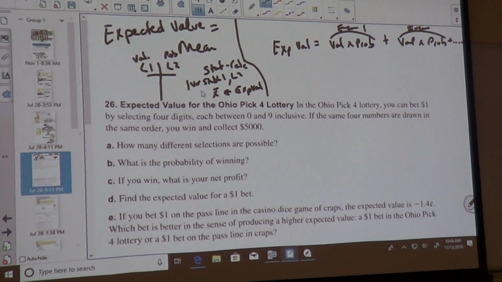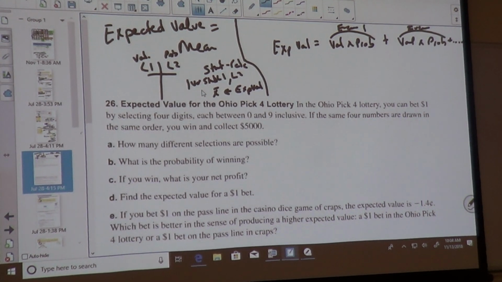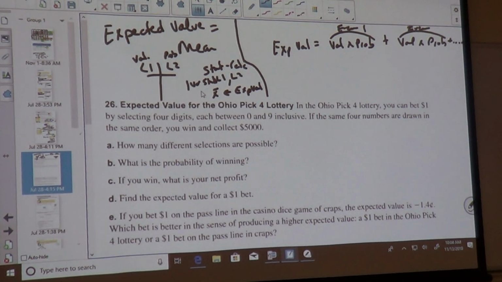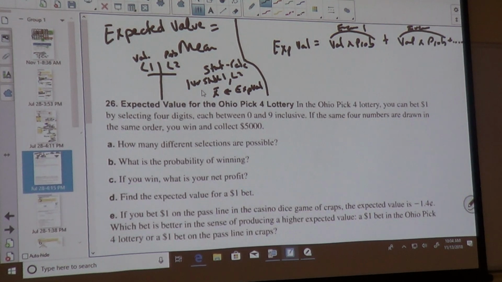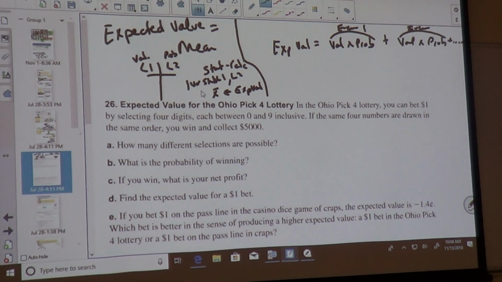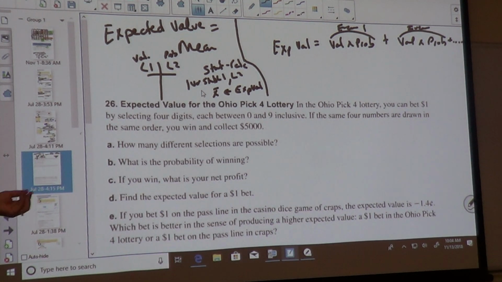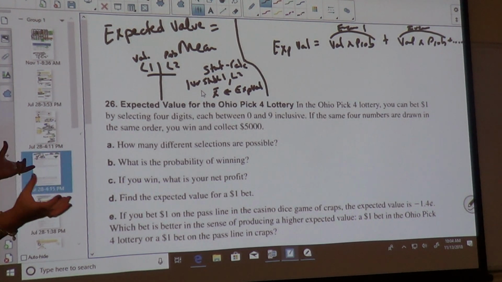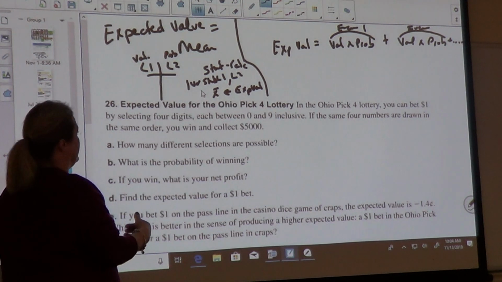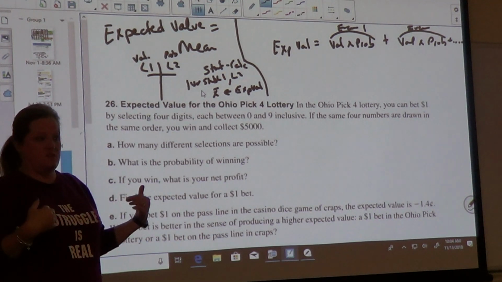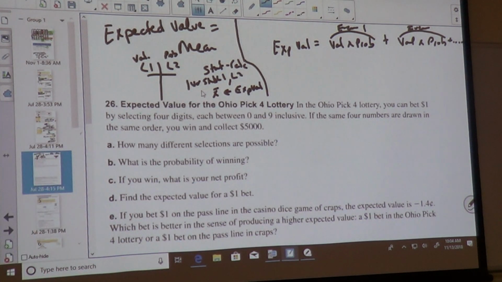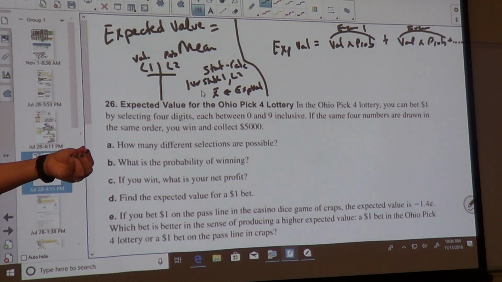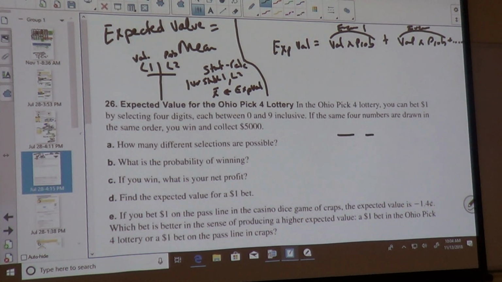All right, in the Ohio Pick 4 lottery, you can bet $1 by selecting 4 digits between 0 and 9 inclusive. Inclusive means I can choose 0 and I can choose 9. So I can choose all numbers 0 to 9, including 0 and 9. If the same 4 numbers are drawn in the same order, you'll win $5,000. So I give the little cashier $1, and I get to pick 4 numbers.